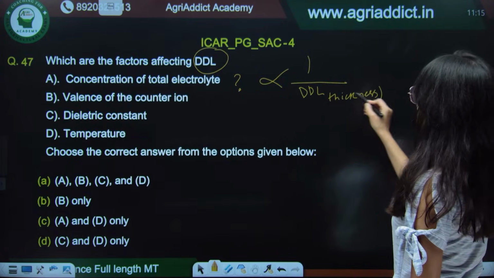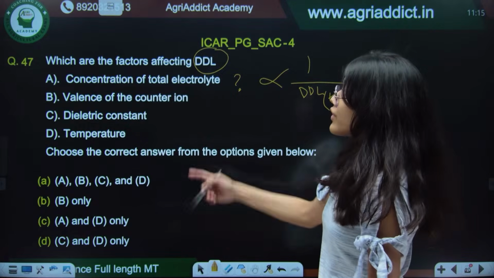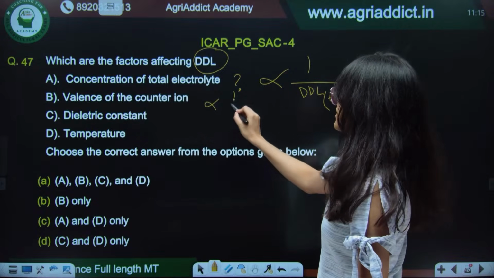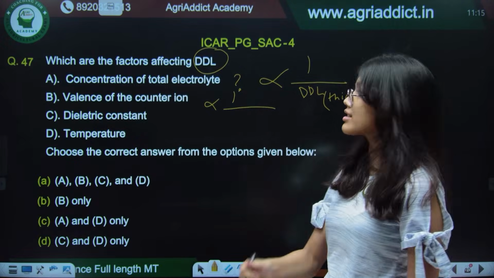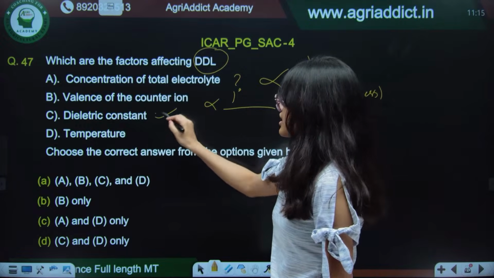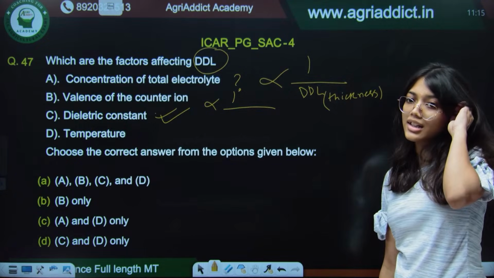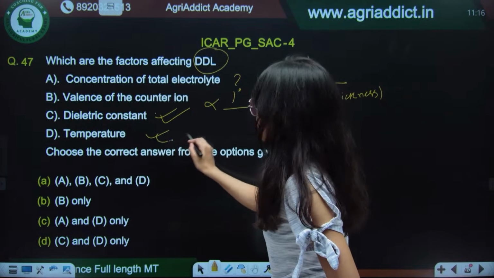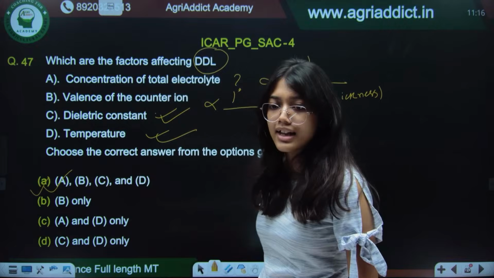The more electrolyte you put, the less the thickness of DDL. Valence of counter ion is again inversely proportional: the more charge or valency the counter ion has, the less the DDL thickness. Dielectric constant, yes, again this is true. With increase in dielectric constant, the DDL will increase, and absolute temperature also. So, all of these factors will influence the DDL.